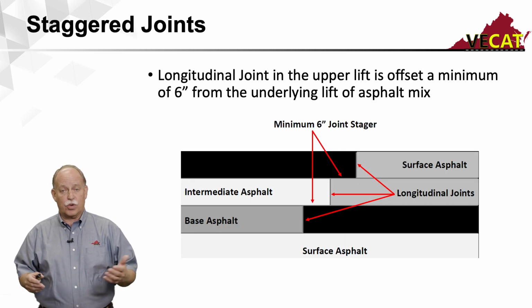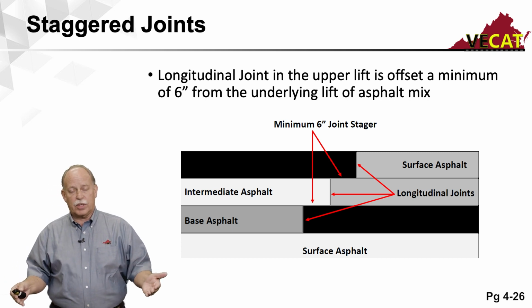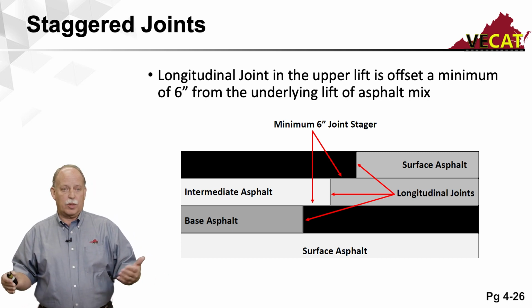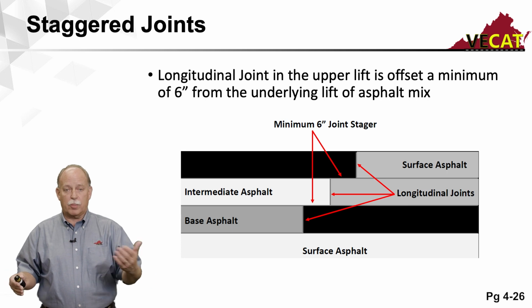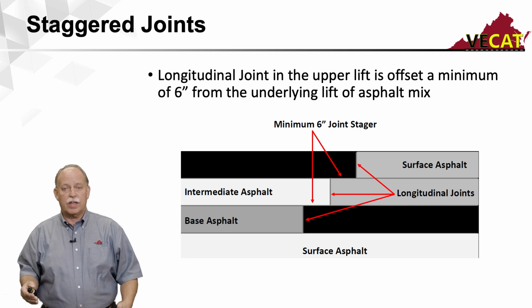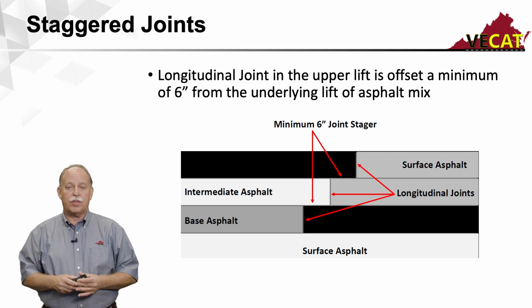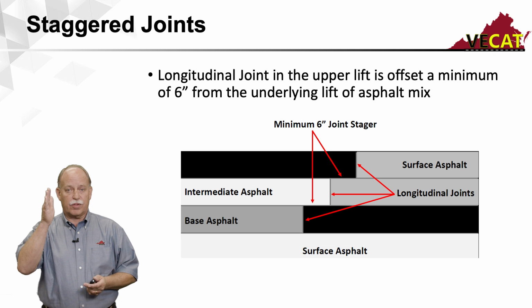Staggered joints. So when you're doing a longitudinal joint, if you think about it, and you're constructing a pavement and you had to build 3 different lifts. You have a base lift of asphalt, then you have an intermediate lift of asphalt, and then you have a surface lift of asphalt. If you are not careful and you place those exactly the same from bottom to top, what you wind up with is a joint that actually transmits from the very top of your pavement structure all the way to the bottom.